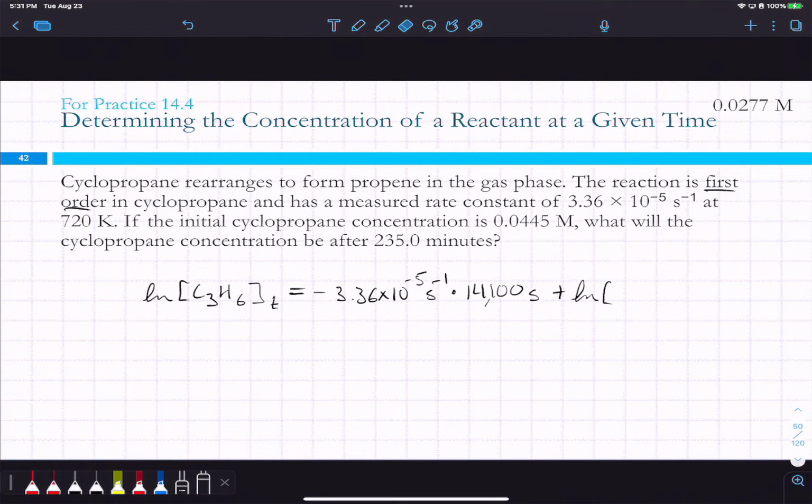So that'll be 0.0445 molar. All right, and now solve for the concentration of cyclopropane at 14,100 seconds.